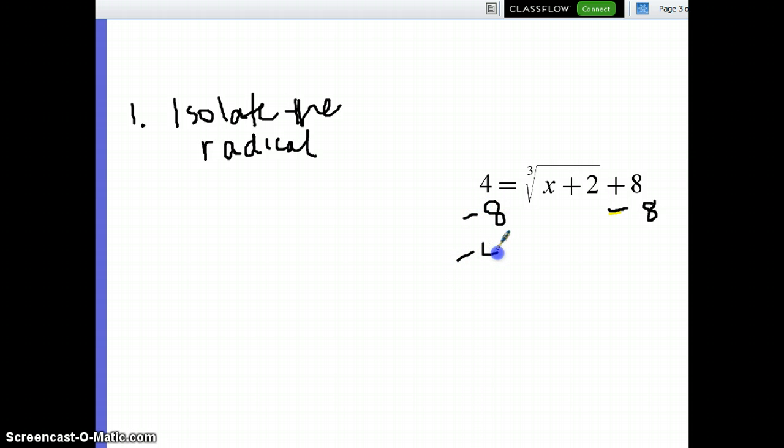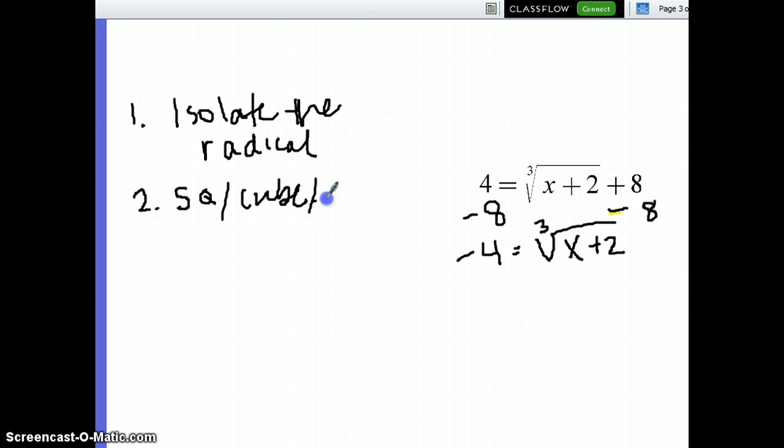So over here I have minus 4 equals the cube root of x plus 2. So step 2 was to square, cube, both sides. This is a cube root, so what we need to do is cube both sides.